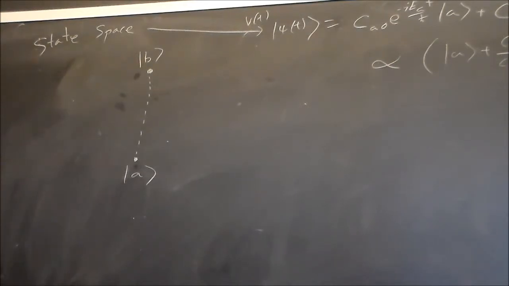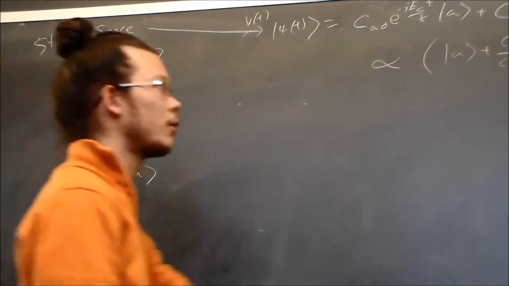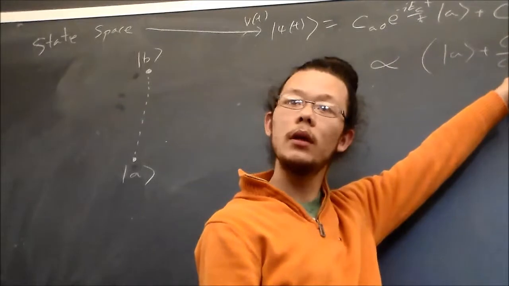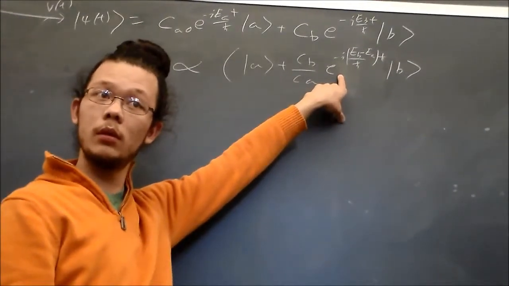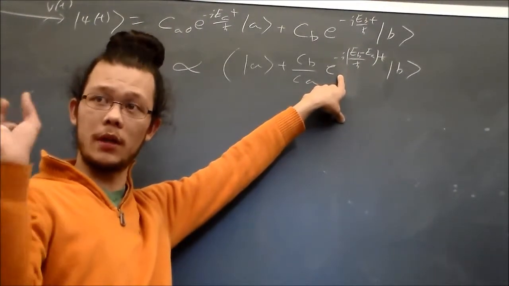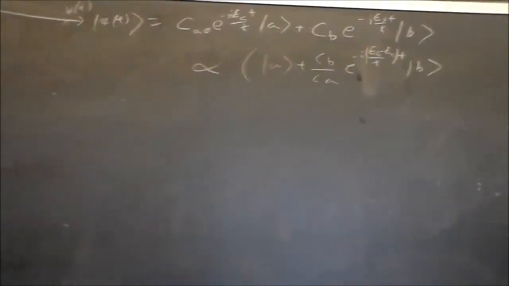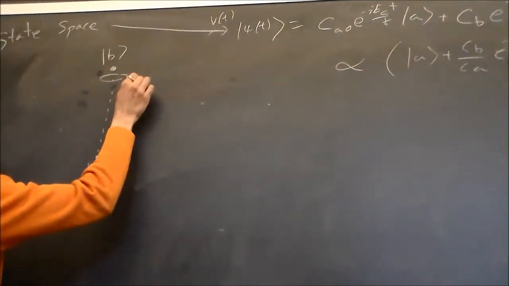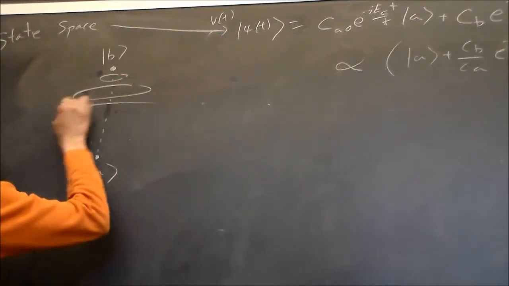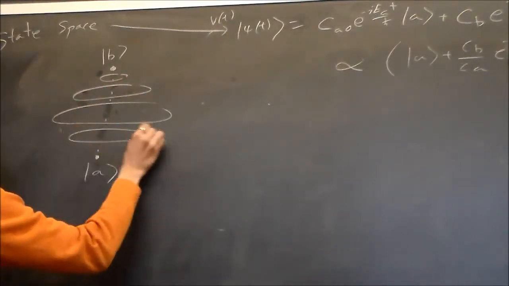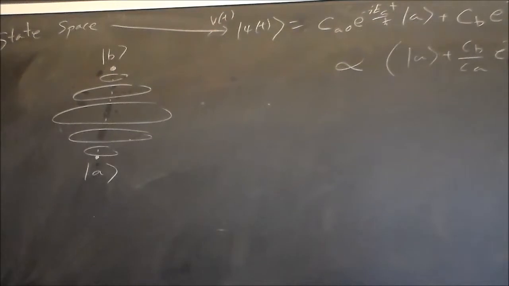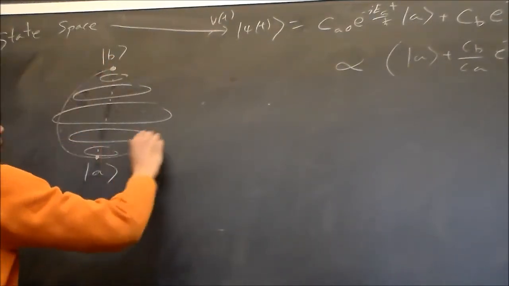What makes this quantum, however, is that to every point there is now a circle. There is a phase which is assigned to that circle. So instead of a point, everything gets a circle. And in fact, it's most natural to describe this object as a sphere.